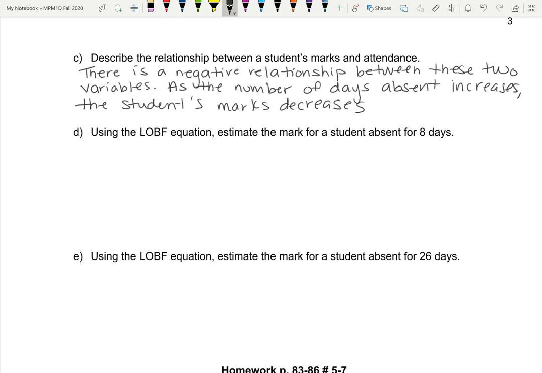So as our x variable increases, our y variable decreases. That is a negative relationship.